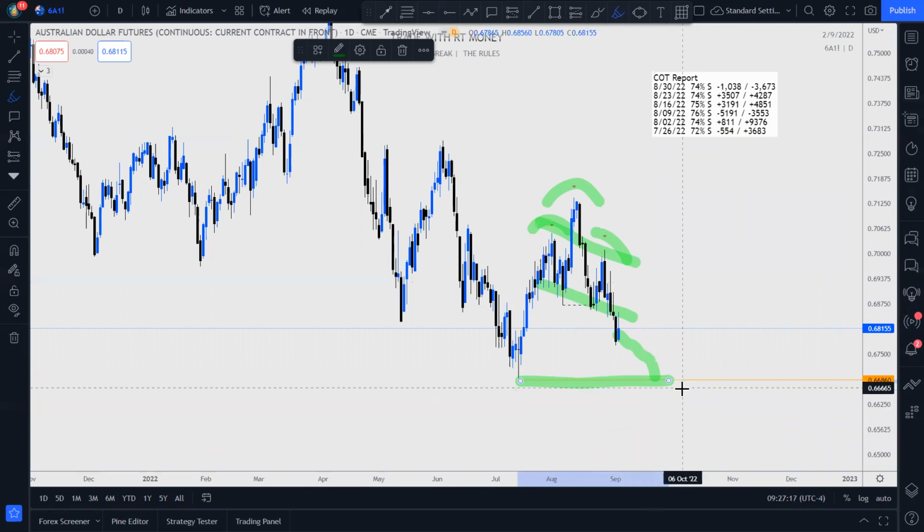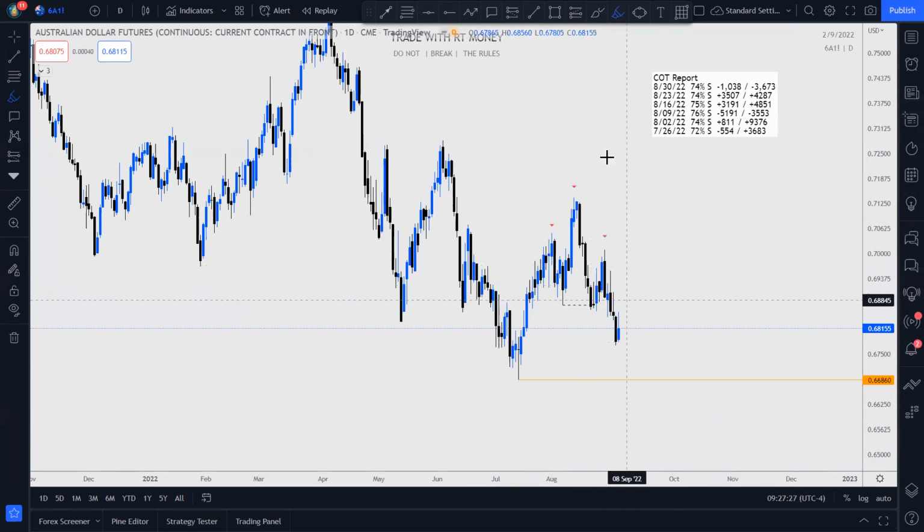All right, and I'm thinking that it's highly probable that price is going to continue lower. So this is a very weak currency.